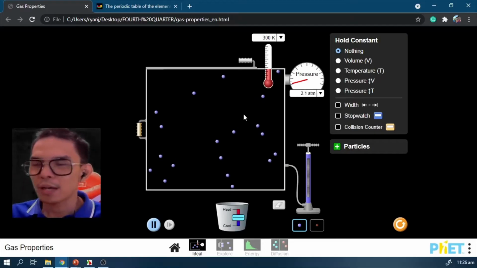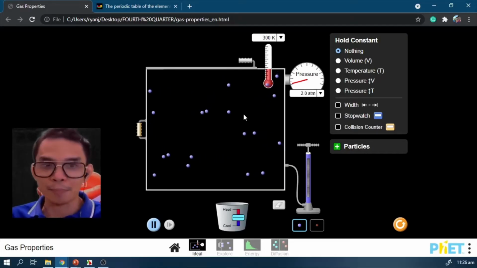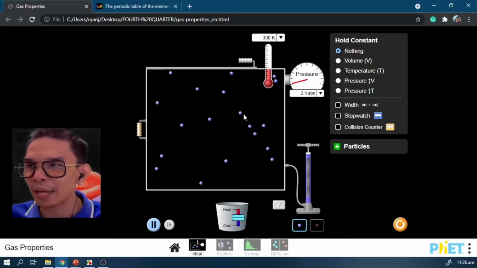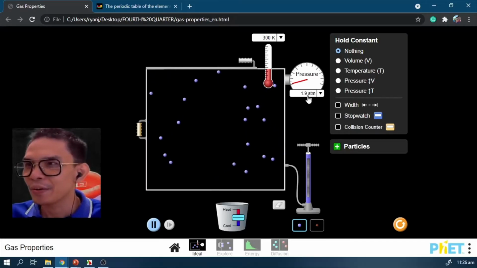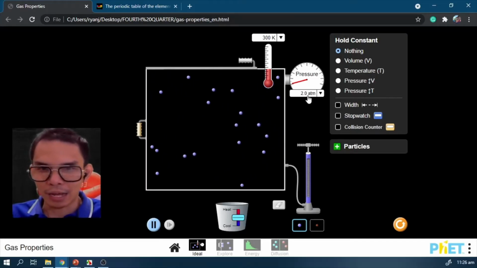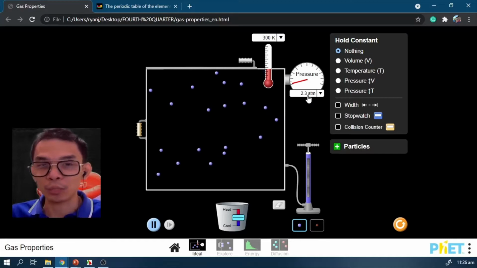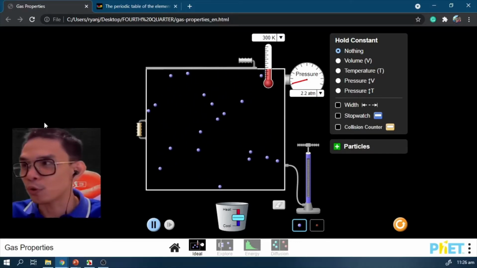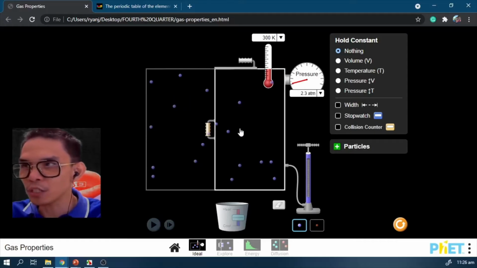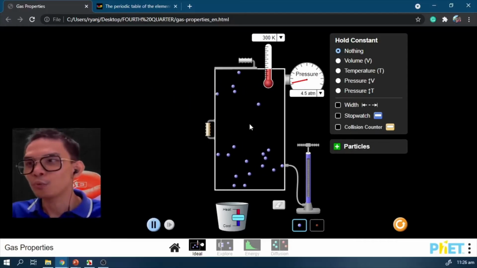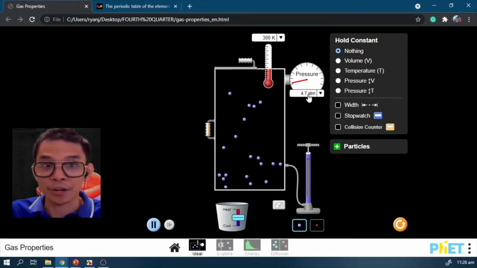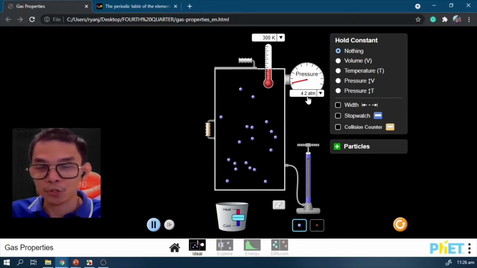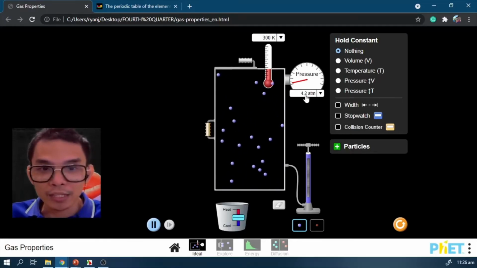Next one. What will happen if we apply a high pressure? What will happen if we increase the pressure? By compressing the volume, we have a high pressure over here. So what does it tell us?